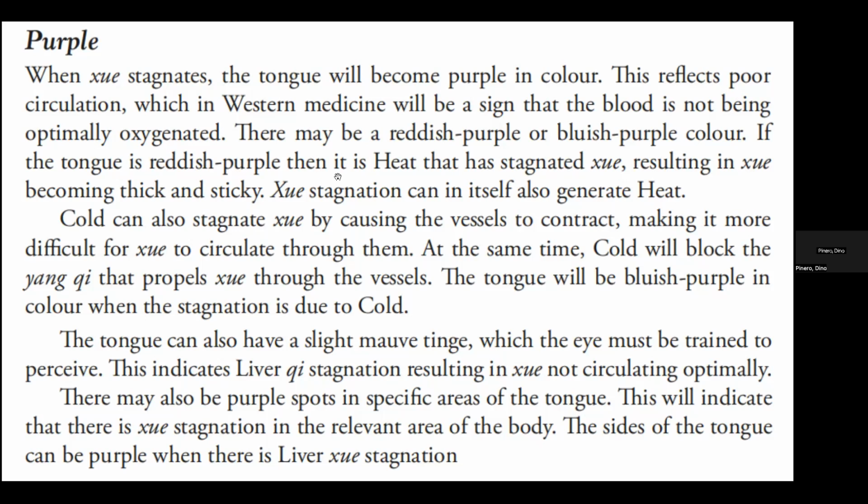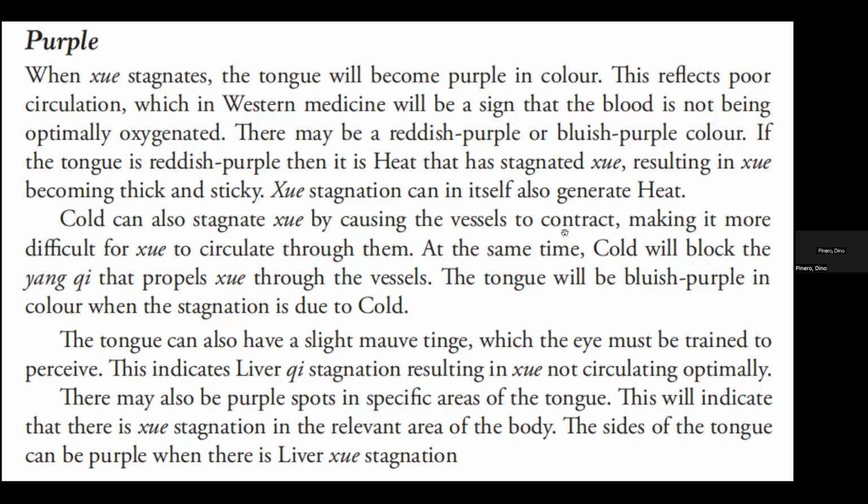Next, cold can also stagnate blood by causing the vessels to contract, making it more difficult for blood to circulate through them. So, dito pwede rin mag-stagnate ang blood because of the presence of cold na nagkakaroon ng contraction dun sa blood vessel. So, imbis na makapag-flow freely yung blood, nahirapan po siya dumaan dun sa blood vessel. At the same time, cold will block the yang qi that propels blood through the vessels.